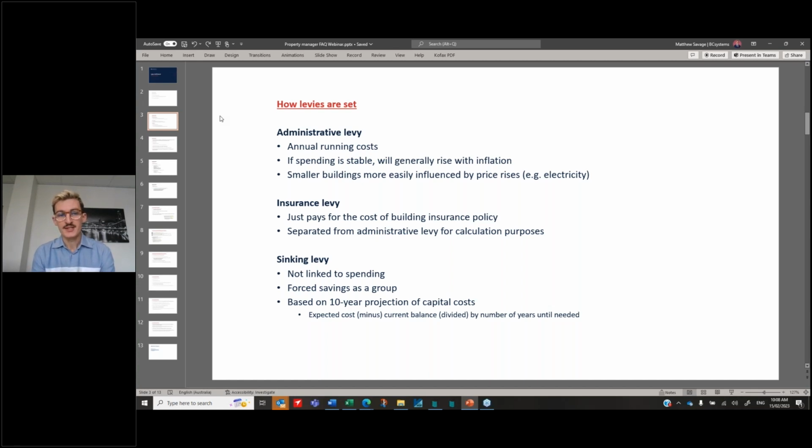Another trend we see is that smaller buildings are generally more easily influenced by price rises. So if you think about a block of 6 units, it has a much smaller budget, and therefore the gardening bill or the electricity bill as a proportion of its total spending is much higher. So if the electricity price rises by 20%, that would have a bigger impact on a smaller building's administrative fund levy.